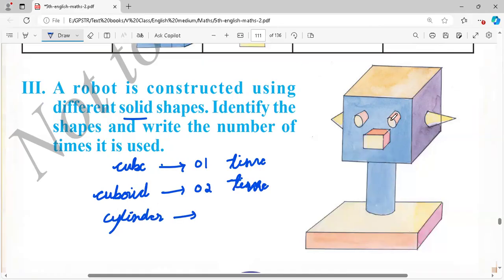One, two, three. The cylinder appears three times. Next, cone. How many times does the cone appear? One, two. Only two times.